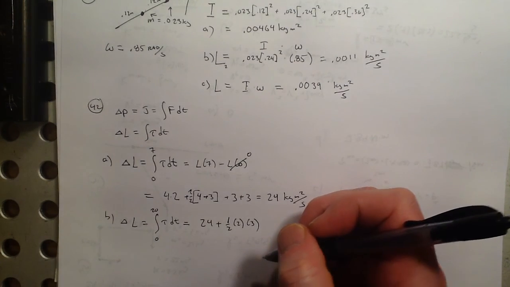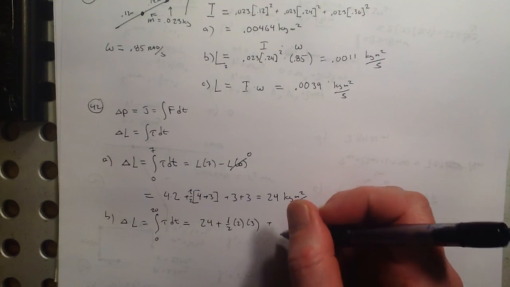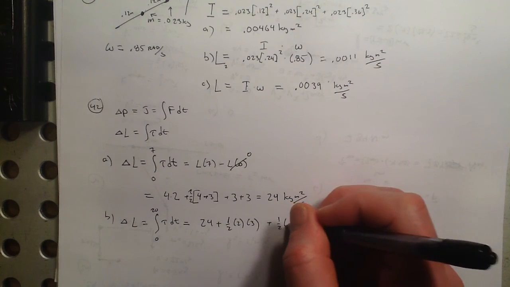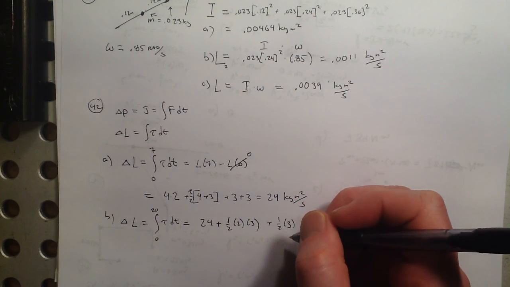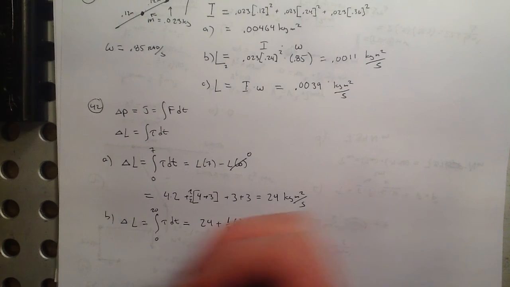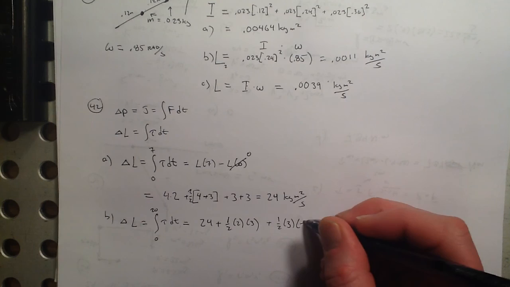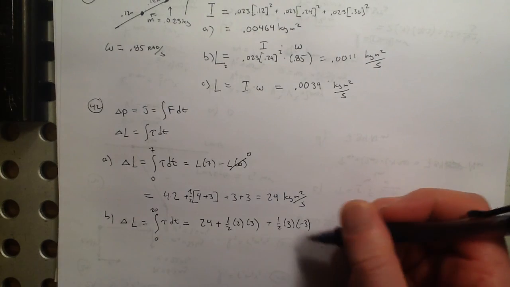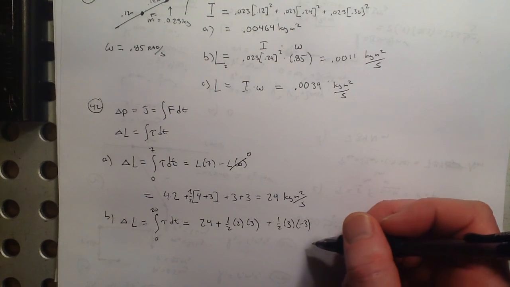Then from 9 to 12, I have a triangle, 1/2 base, from 9 to 12 is 3, times the height is, let's see, every block is a half, right? So the height there is -3, and these negatives are important, right, because that's negative area.